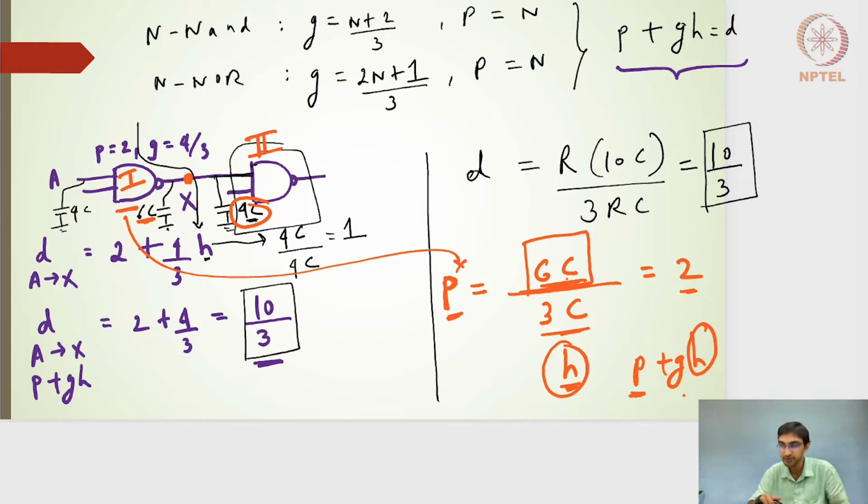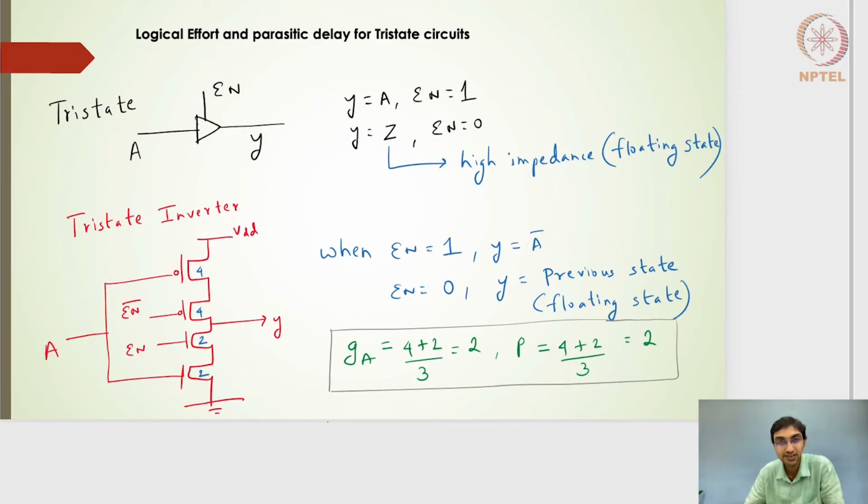Moving forward, we will see slightly different circuits, although developed from the CMOS families, called tri-state circuits. We will establish the logical effort and then the parasitic delay for very primitive tri-state circuits, and then go on to somewhat more accomplished circuits.